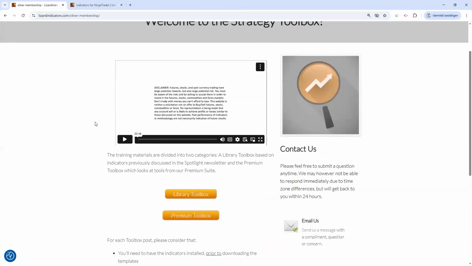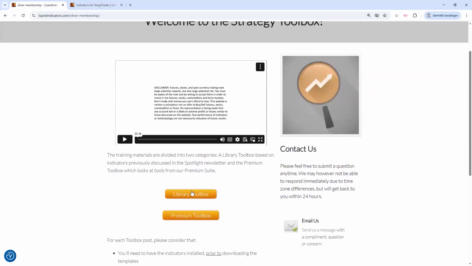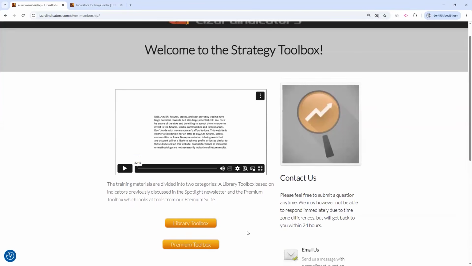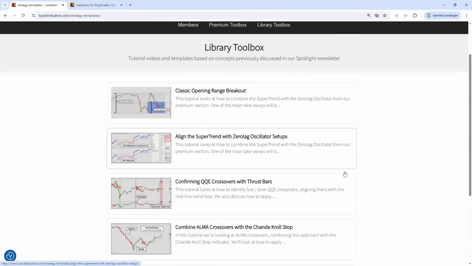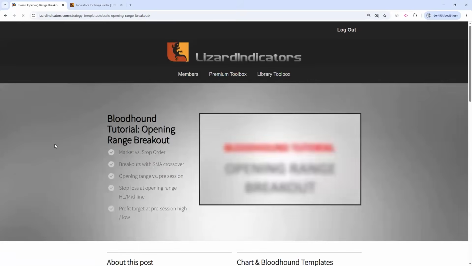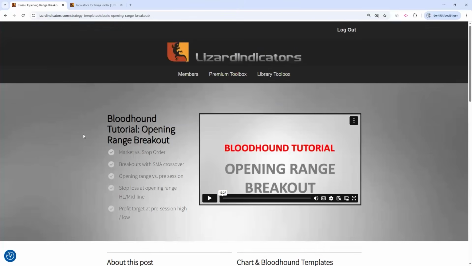So here we have the Strategy Toolbox homepage. And then we have two sections, just as with our indicator suites, a library toolbox and a premium toolbox. The library toolbox talks about different setups that we've discussed on our blog previously, and we show how to implement with the tools from Shark Indicators, so Bloodhound and Blackbird.